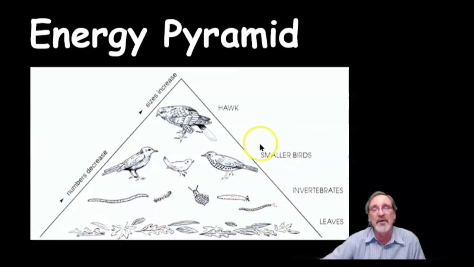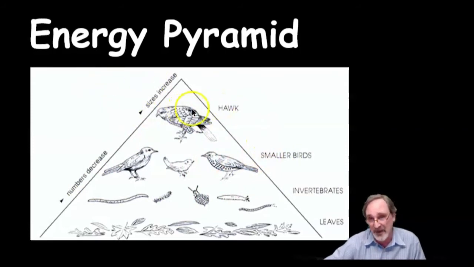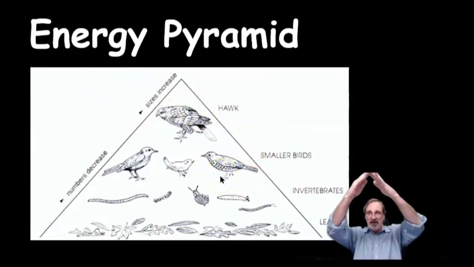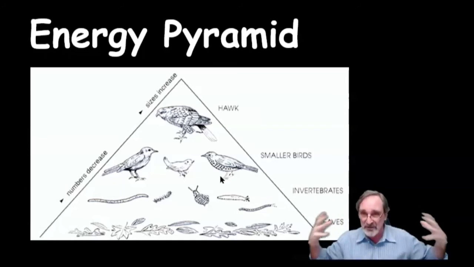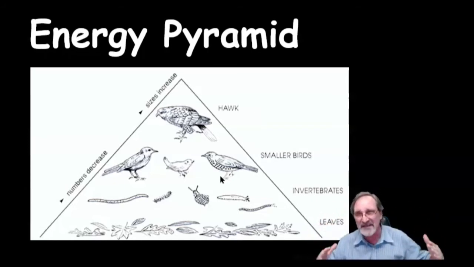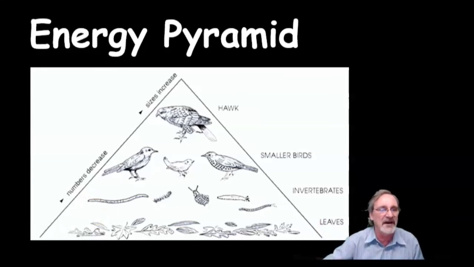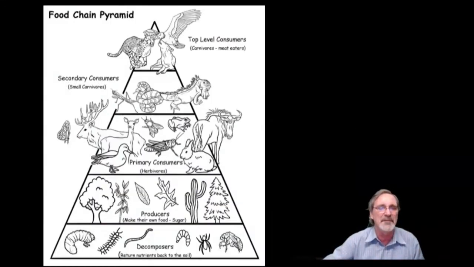And then you've got to have more primary consumers than you have secondary consumers. And you've got to have more secondary consumers than you have top predators, because each level feeds off of the level beneath it. And that energy is being used up at that level too, right? So there's sometimes what is called a 10-to-1 rule, or a 10% rule.